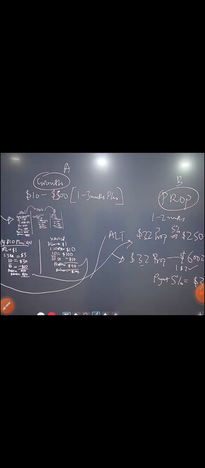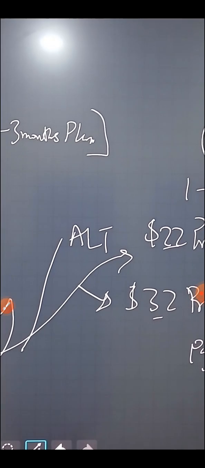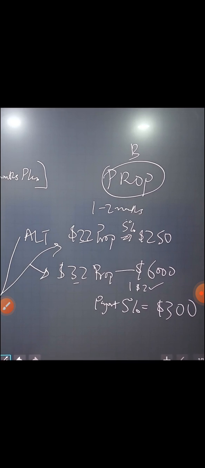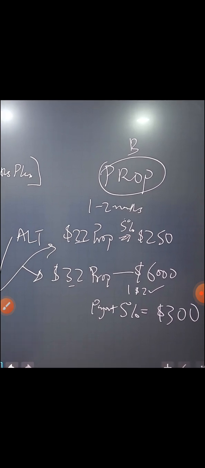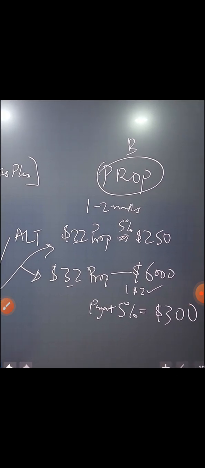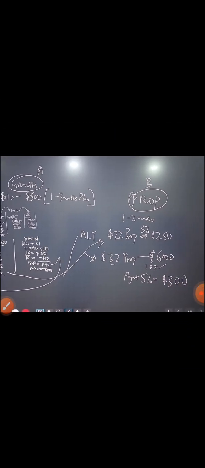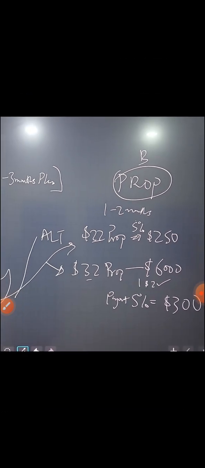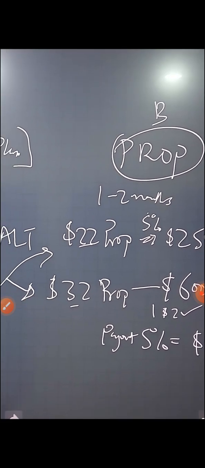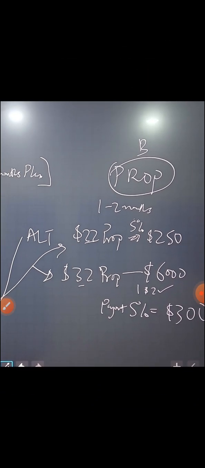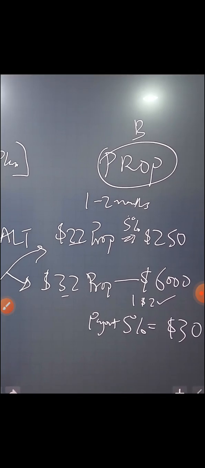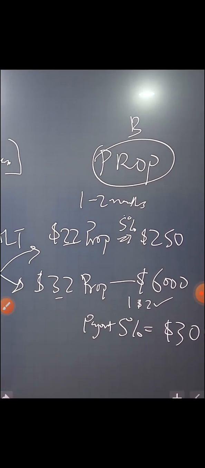Okay, so at this point you have different options. You could withdraw, or you could go on to the alternate plan. An alternative would be, at $100, to split that into two. You could buy a prop firm account of $22, like Maven, Funding Peeps, FundedNext of $32, or some other ones.